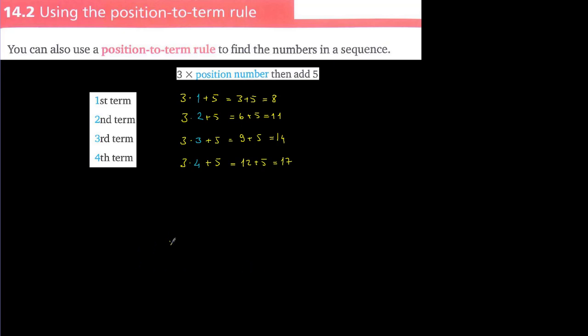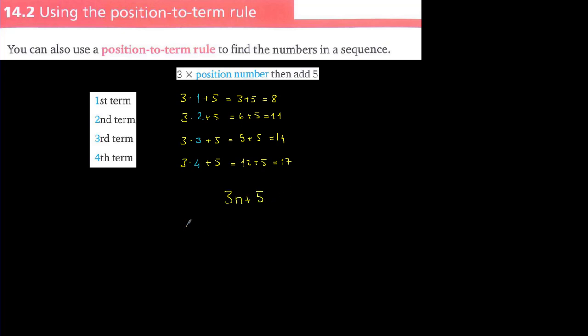If we write the mathematical rule for this, 3 times the position number, then add 5, it's going to be 3n plus 5.